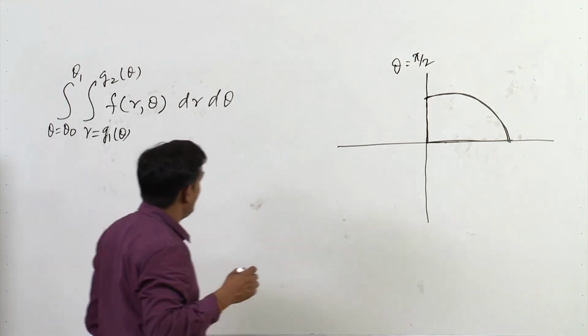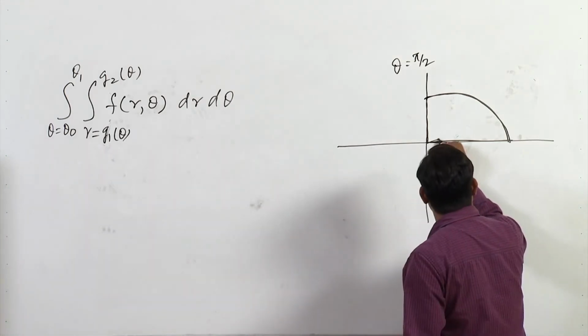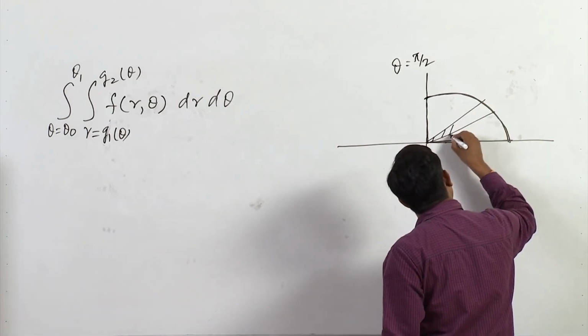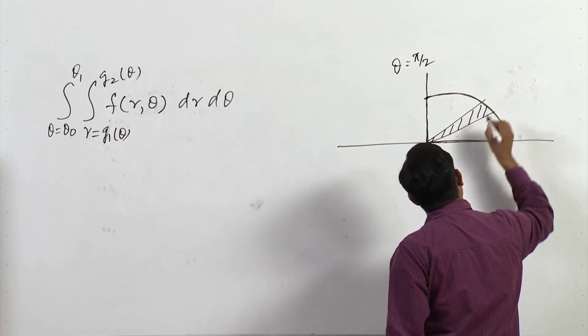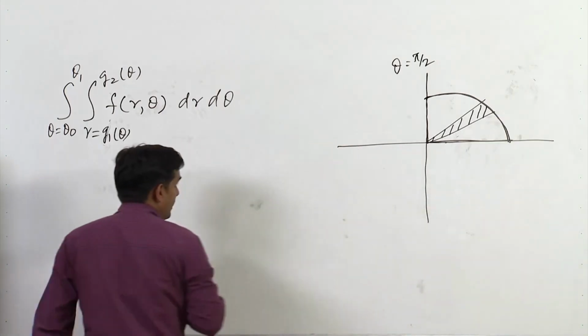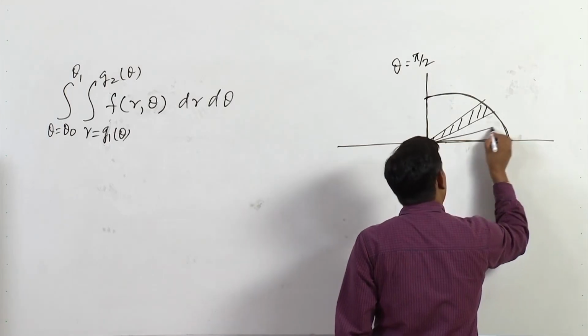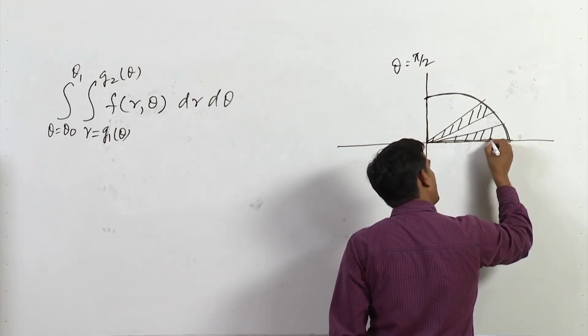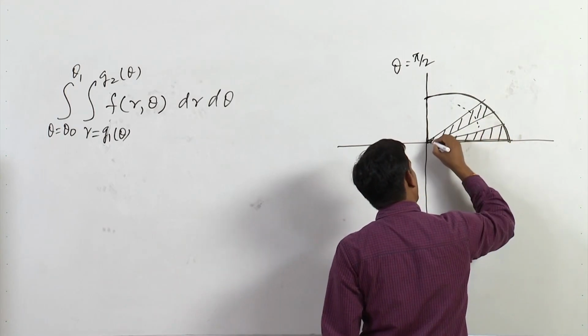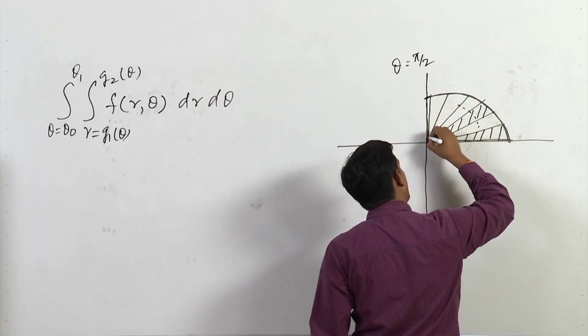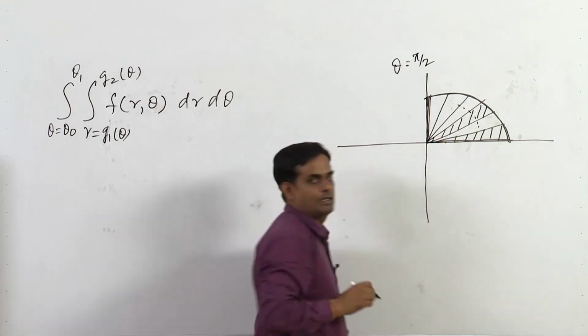So, in this way how will it work? I will take a radial strip like this and it will cover this region like this.